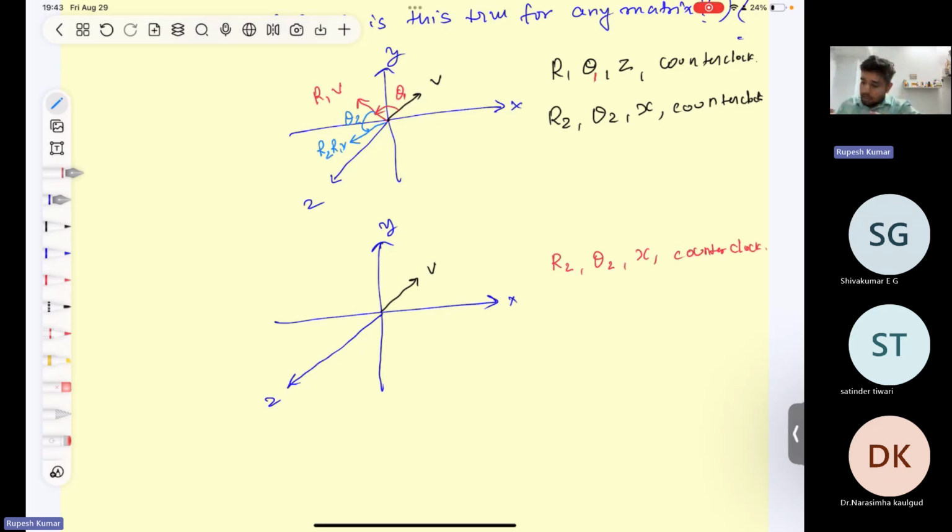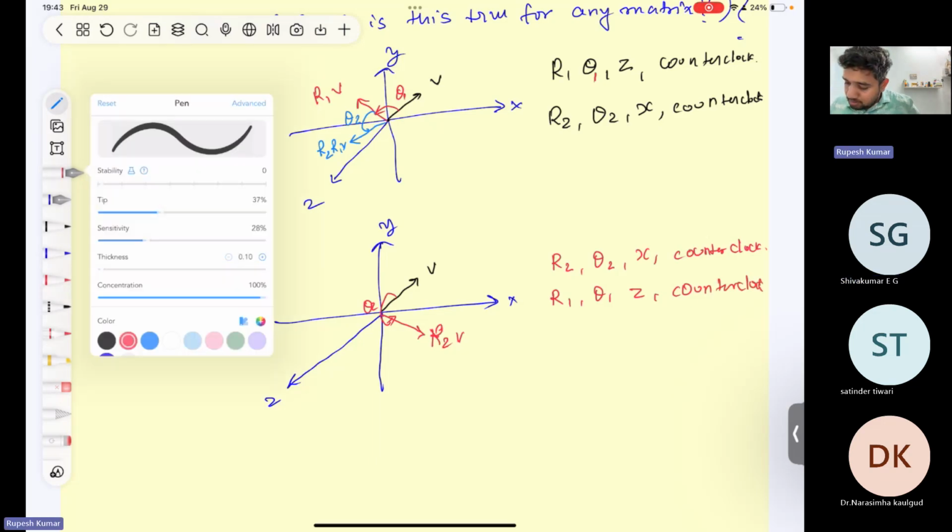So you rotate about the x-axis in the YZ plane. It comes from here to here by angle theta 2, it becomes this vector R2v. Now the second rotation is R1 theta 1 about Z.